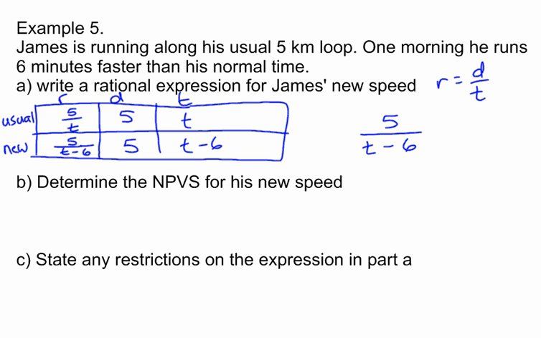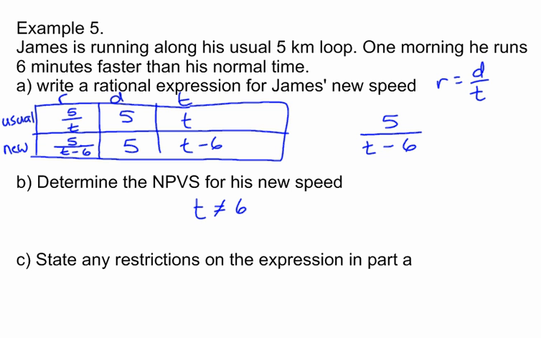So what's the non-permissible value here? Time cannot equal 6. Yeah. And why can't he be 6 minutes? If his usual time was 6 minutes, then it would take him how long in the new time? 0 to run 5K. Okay.